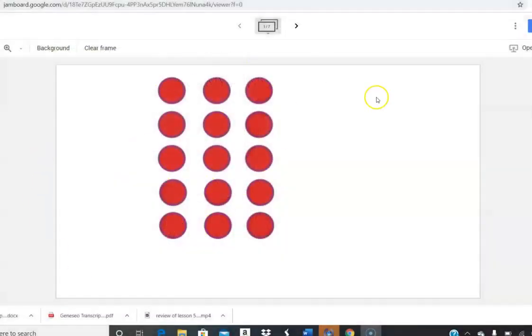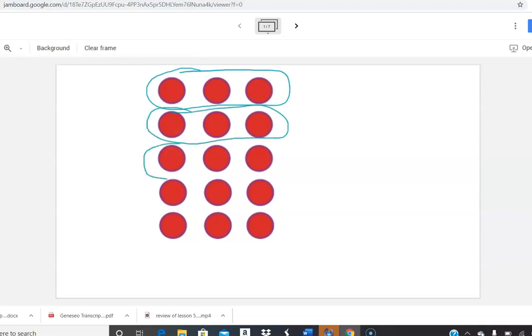Looking at this first array, I want to see how many rows do you see? Here's one row. Here's a row. Here's another row.